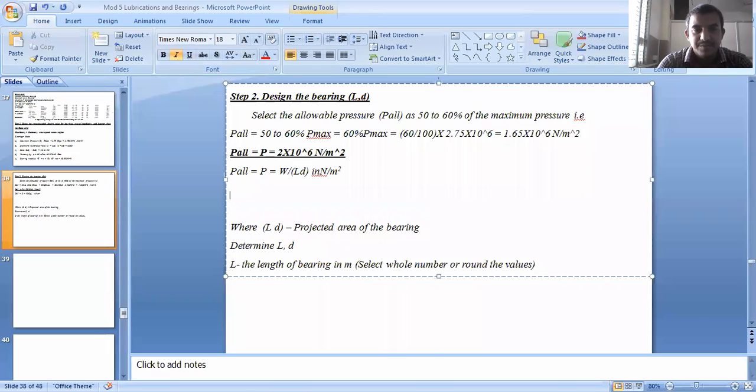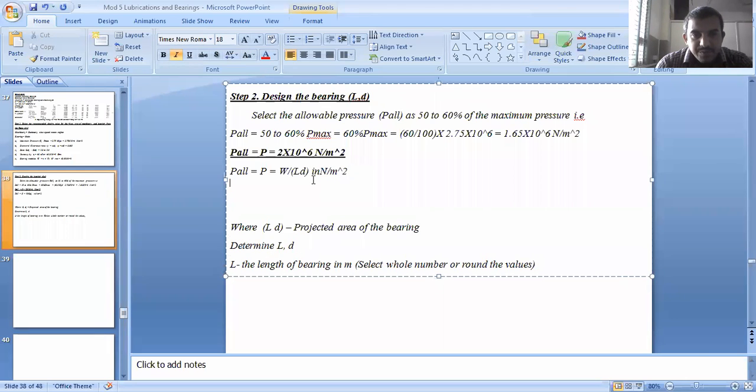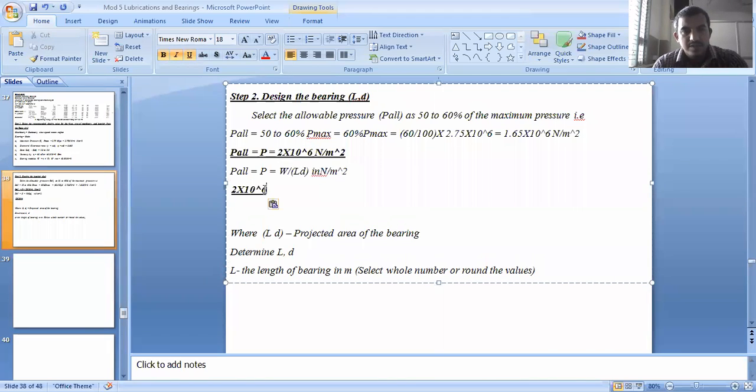P allowable is 2 into 10 raised to power of 6, is equal to W by LD.